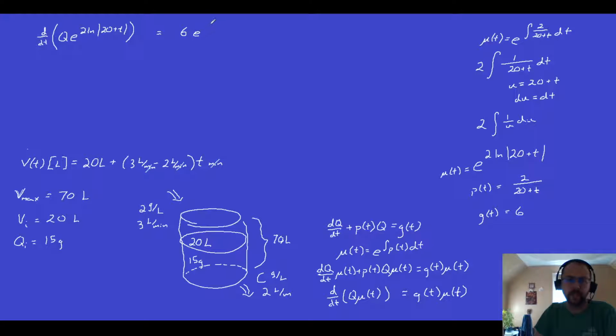Oops, I should have simplified that first. I'll just do it in the next step. This simplifies to 20 plus t.